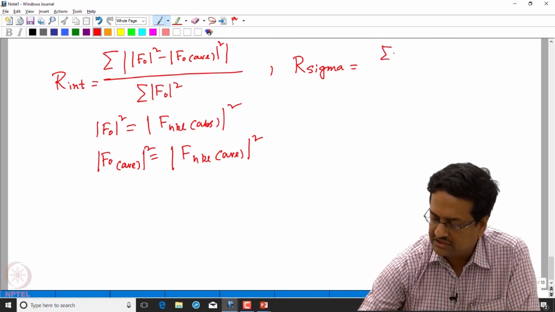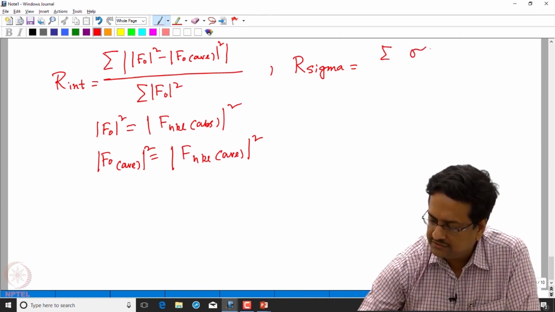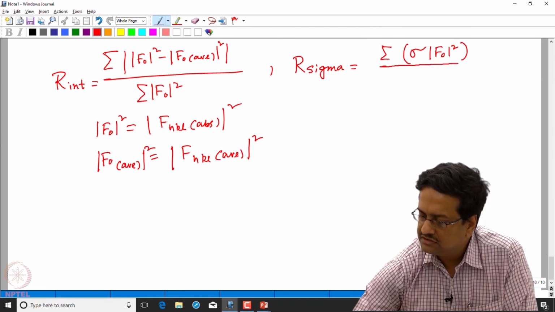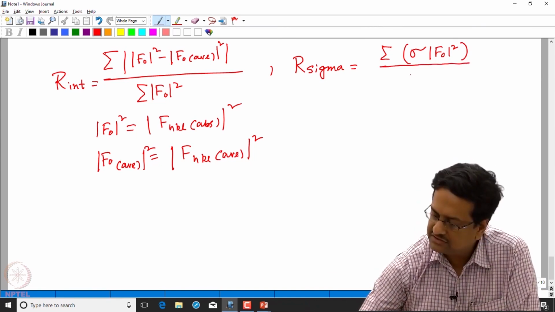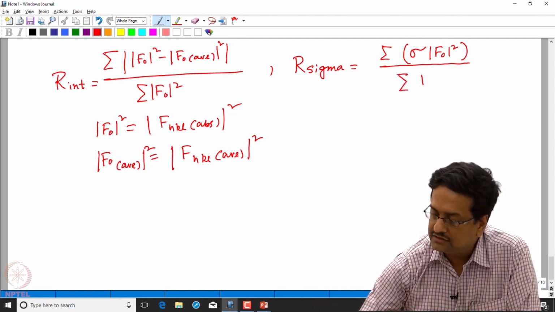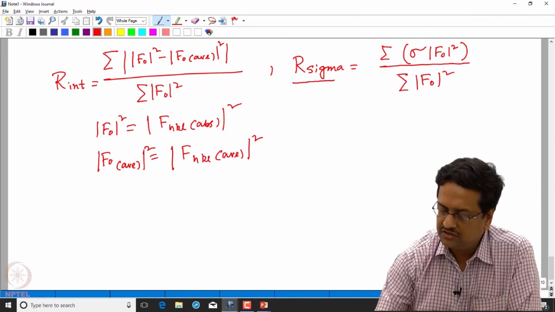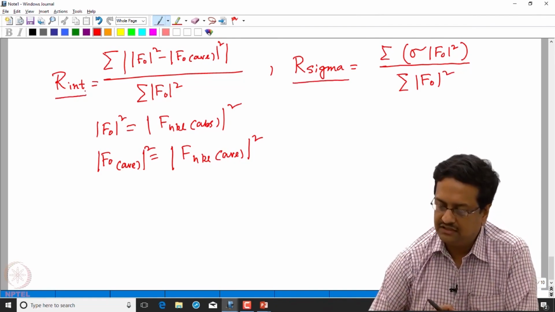So we do the sum of all the standard deviations on the intensity, that is FO square, of individual measurements, and then divide by the sum of FO square, that is the intensity. So we worry about these two quantities, R int and R sigma, at the end of this data reduction process.